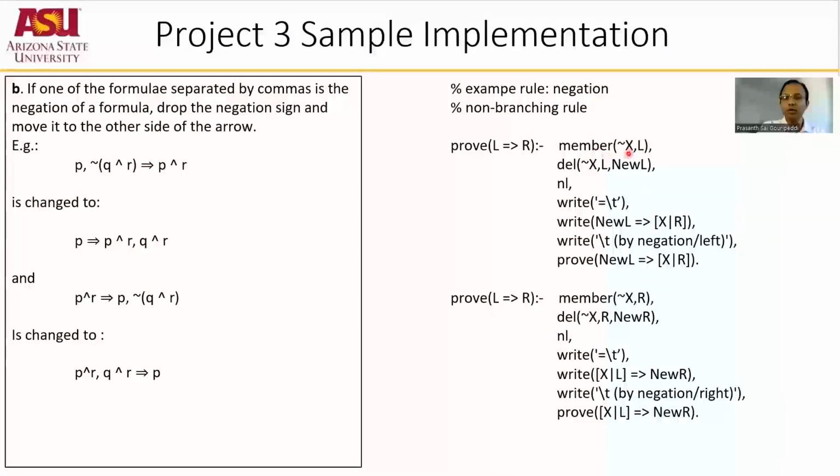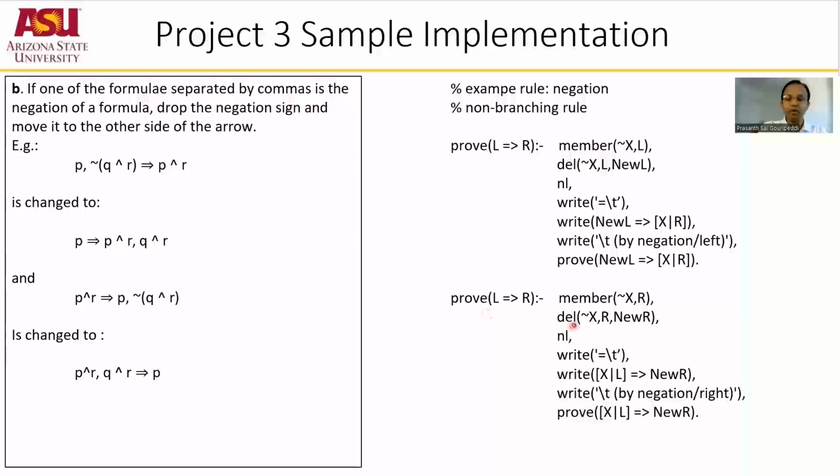It checks whether not of a particular formula or a term is available in the list on the left-hand side, that is the premise. If it is, it removes X and gives the remaining list. It writes that this is due to the negation rule. And then it puts X in the head of the remainder of the conclusion.